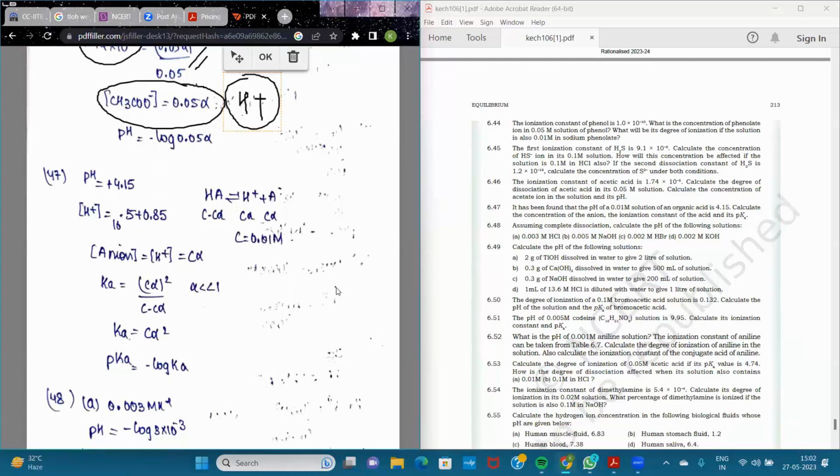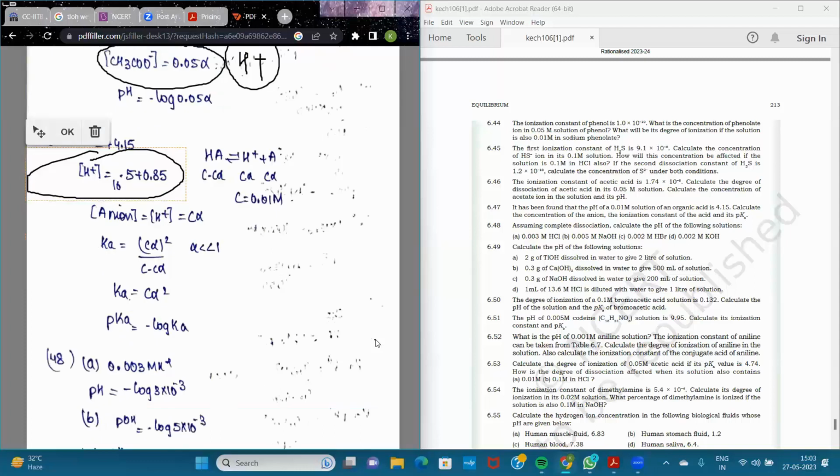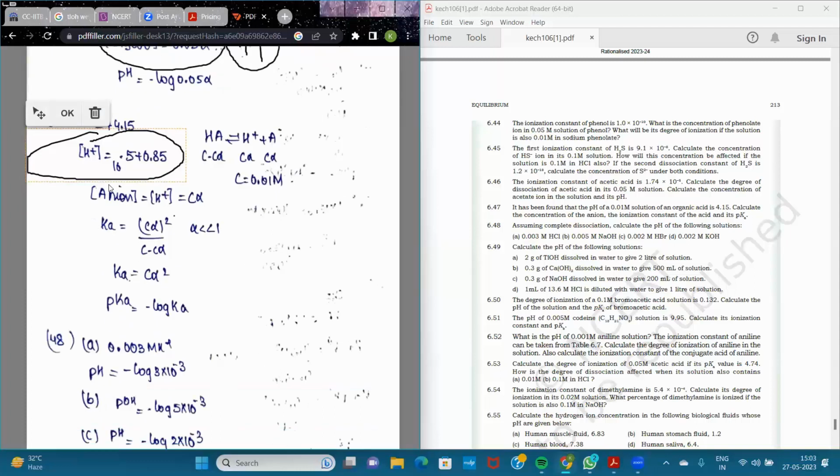It has been found that the pH of a 0.01 molar solution of an organic acid is 4.15. From that we can get the concentration of H+. Calculate the concentration of anion. Anion concentration we need to find. The concentration of anion as well as the concentration of H+ is the same, that is C into alpha. C is the initial concentration of the given acid.